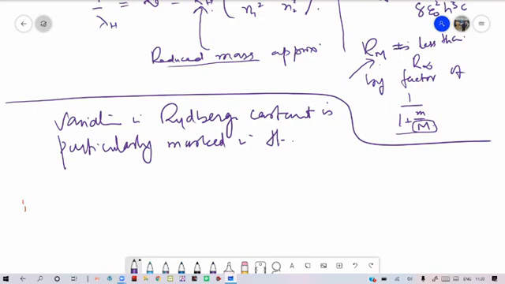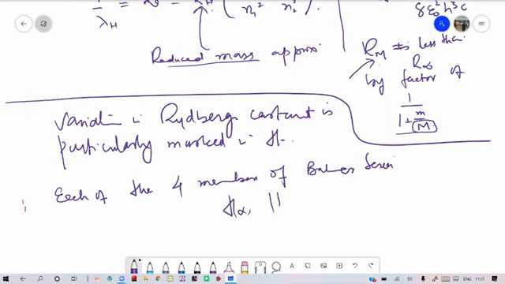The variation in Rydberg constant is particularly in the hydrogen atom. For example, each of the 4 members of the Balmer series, that is H alpha, H beta, H gamma, and H delta. These are the 4 members of the Balmer series.